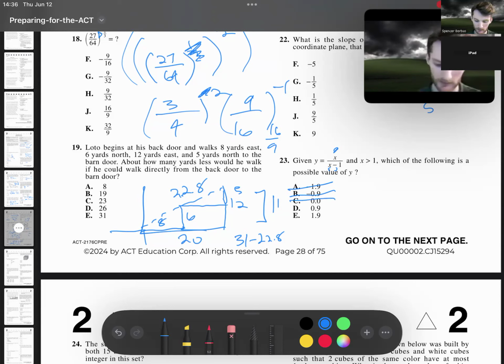All right. So the minimum value of y, oh, x is going to be greater than x minus 1, which means the numerator is larger than the denominator, then the final answer is greater than 1. So 23 is E.